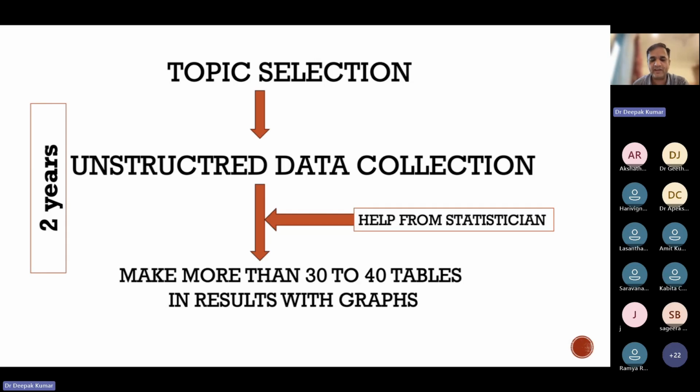And at the end they make 30-40 tables, a lot of results tables, trying to avoid the statistical analysis, because clinicians, or medical researchers, are always poor in statistical analysis. They try to take the help of a statistician also.